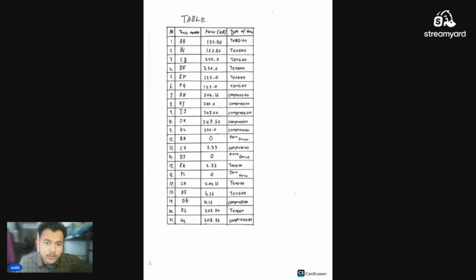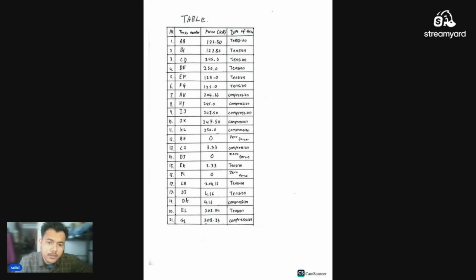And then FG 125 is in tension, and then AH 204.16 is in compression. And then next one is HI 245 is compression, and then IJ 247.5 is compression, and then JK 247.5 is compression, and then KL 250 is in compression.